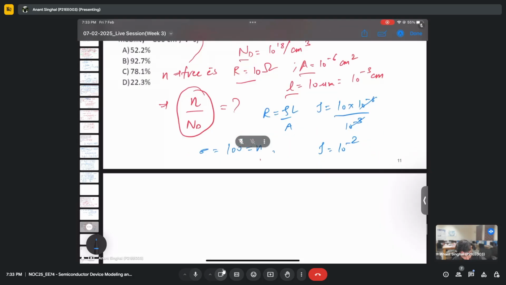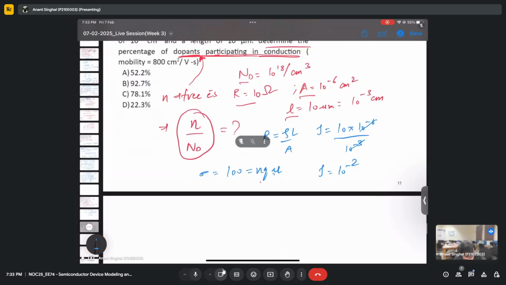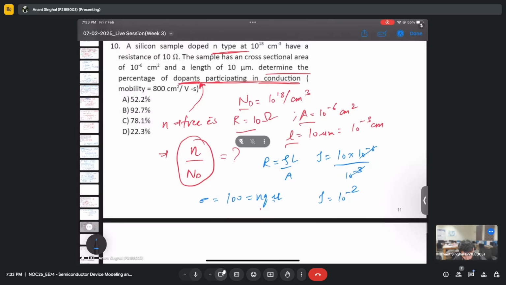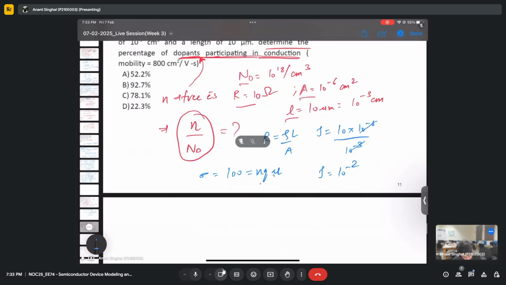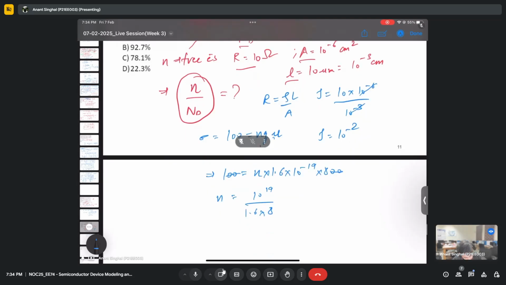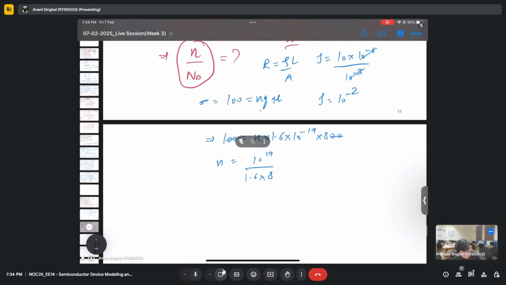And it is nothing but n q mu. Everything is given; mu is also given. So 100 is n times 1.6 times 10 to the minus 19 times mu, which is 800. So n we can now calculate: 10 to the power 19 by 1.6 times 8. I hope I'm not making any calculation mistake. What we need is the percentage of n by ND.